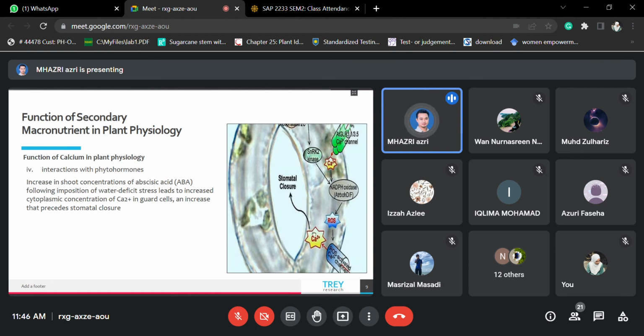Okay, so bila calcium ion tinggi, dia akan activate potassium pump. Okay, so potassium will be pumped out, keluar daripada guard cells. Apa berlaku? Bila concentration of potassium menurun, water potential becomes higher.